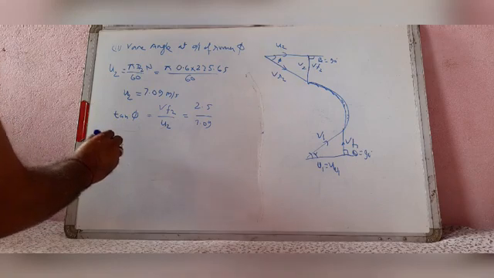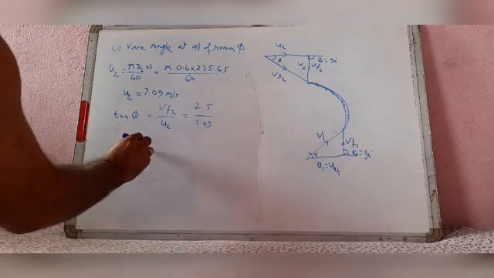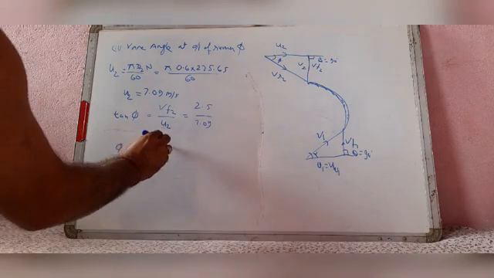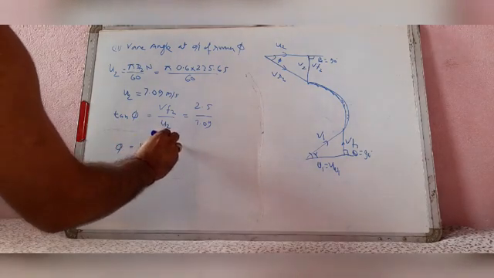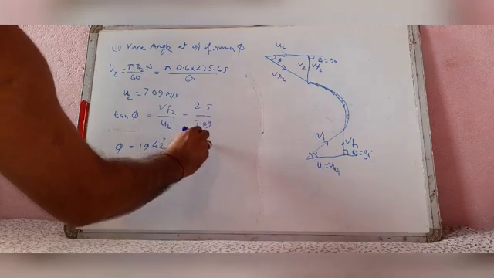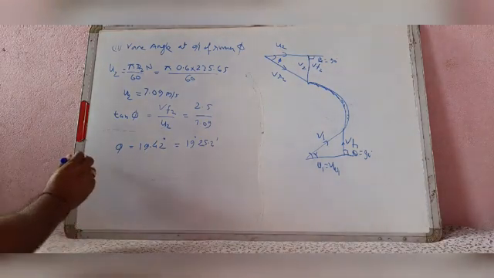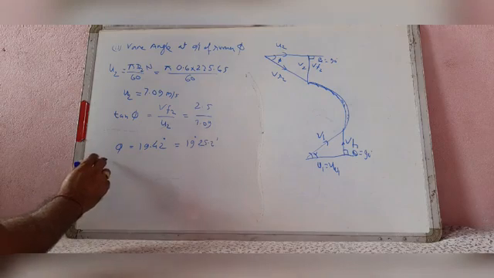So this angle phi comes 19.42 degree or 19 degree 25.2 minutes. Next we have to calculate the hydraulic efficiency.